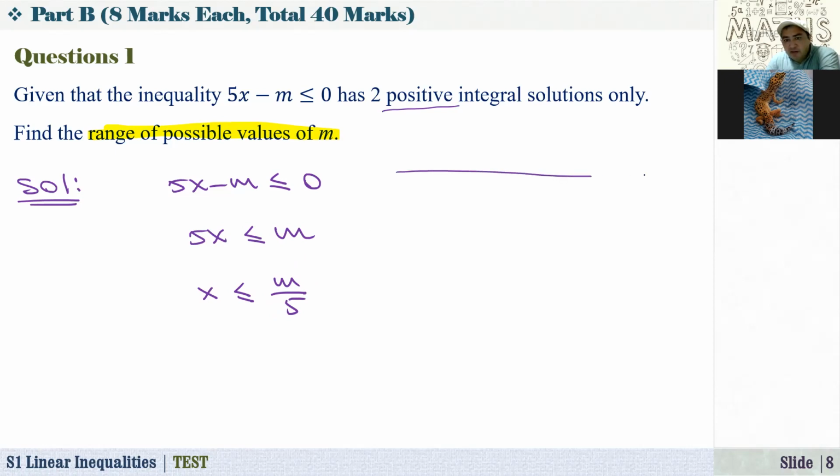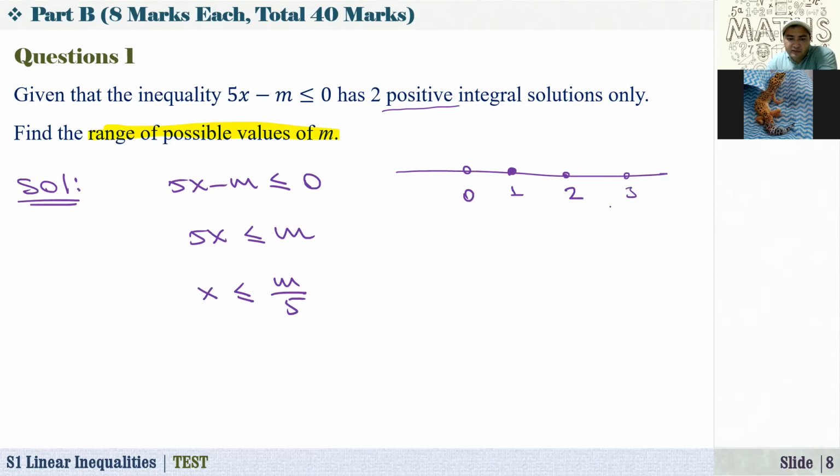So now if I draw a number line, here we have 0, it's not the answer, right? And less than or equal to m over 5, that means how many numbers do we have after 0? Only we have 1. So the first solution must be 1. And actually, let's say the second solution is 2, right? Actually, this m over 5 must be between 2 and 3, right?